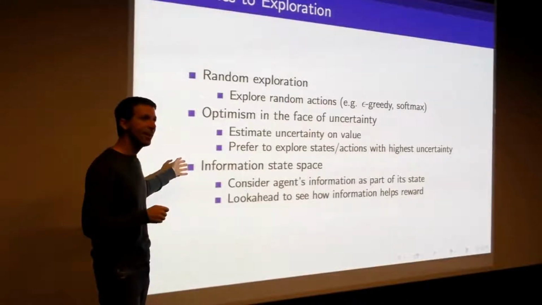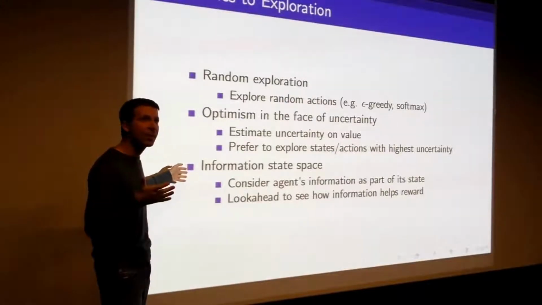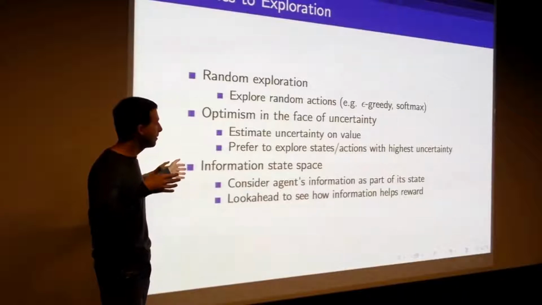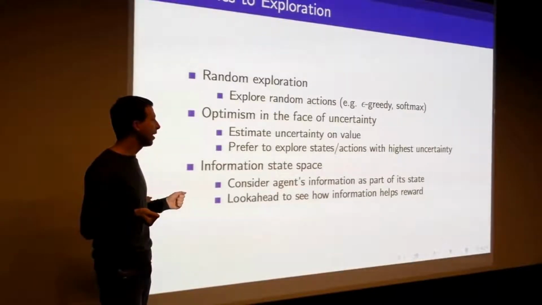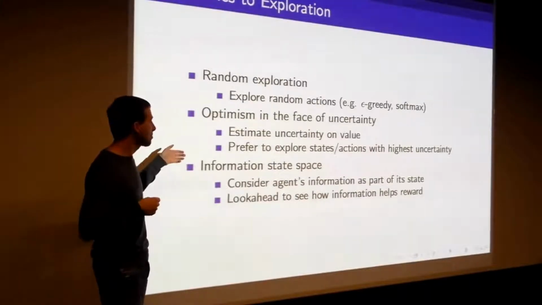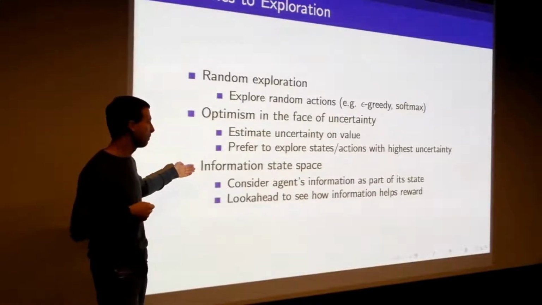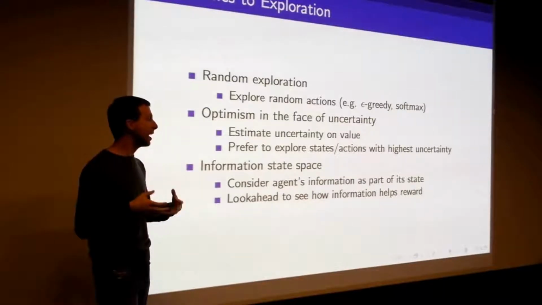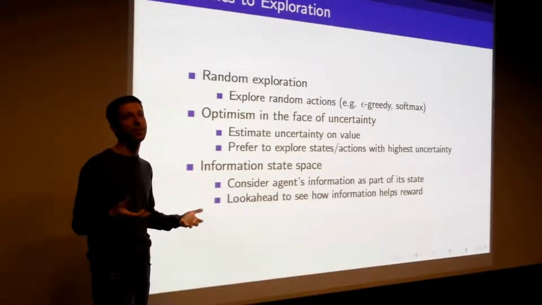Finally, perhaps the most correct or theoretically careful approach to the exploration-exploitation dilemma, but the most computationally difficult, is to think about the information state space. What this really means is to consider the agent's information itself as part of its state.